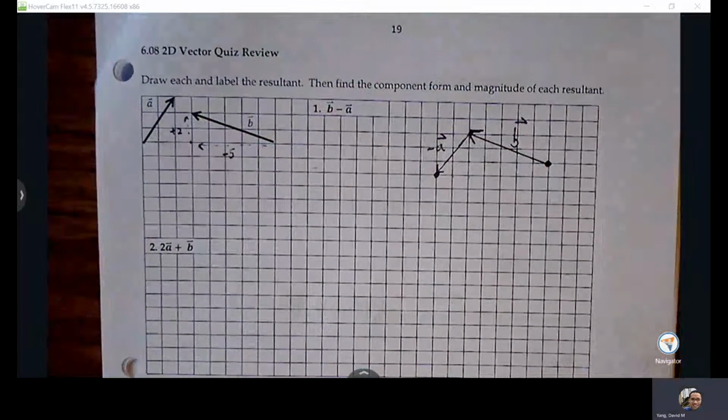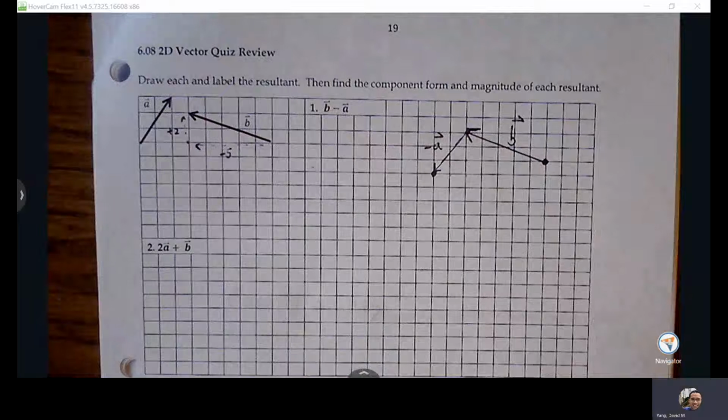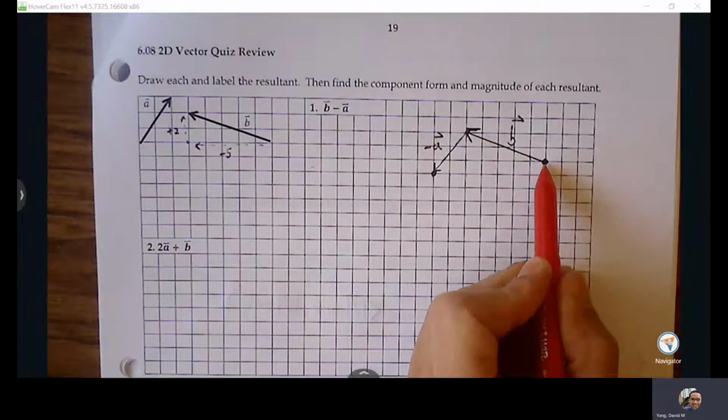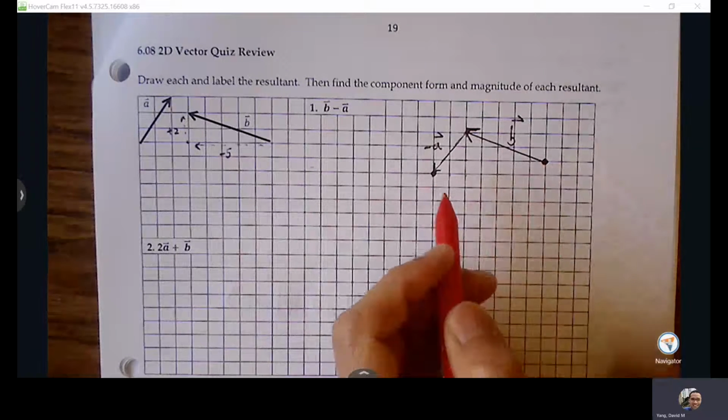Okay, any questions so far? Okay, your resultant vector is just from your starting location to your destination.